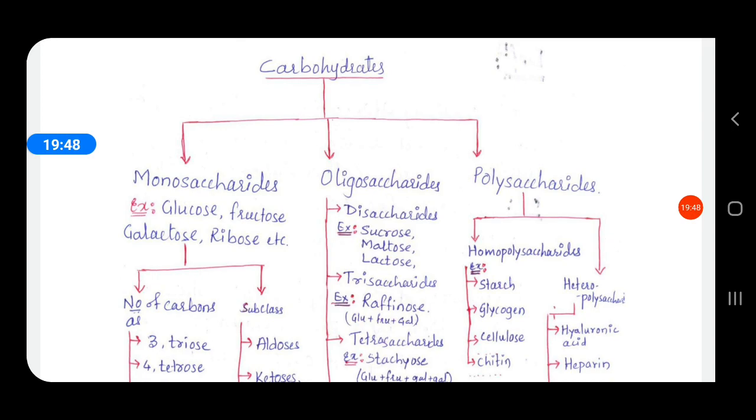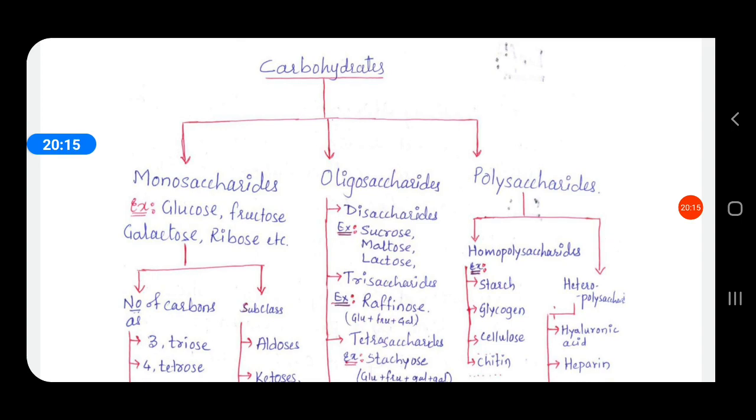Homopolysaccharides on hydrolysis yield only one type of monomer unit. Heteropolysaccharides yield two or more different types of monomer units. So this classification is the modern classification, which is based on the number of monomer units present.